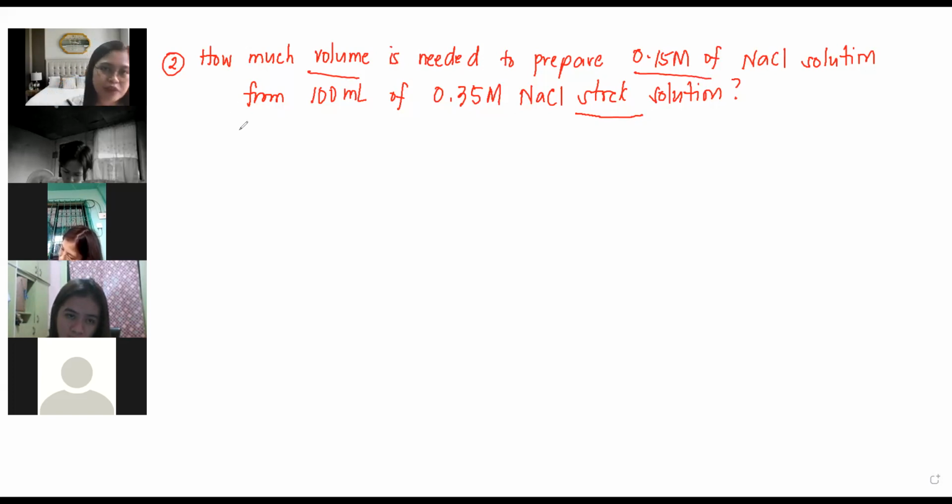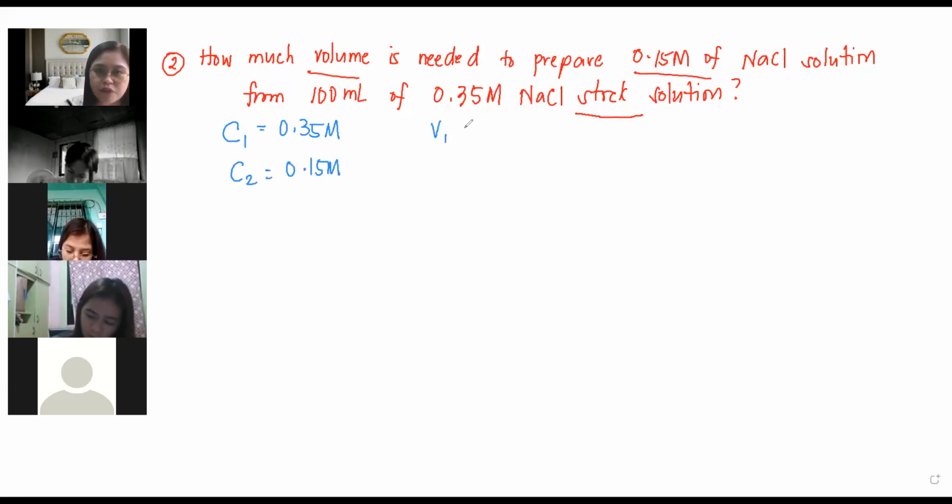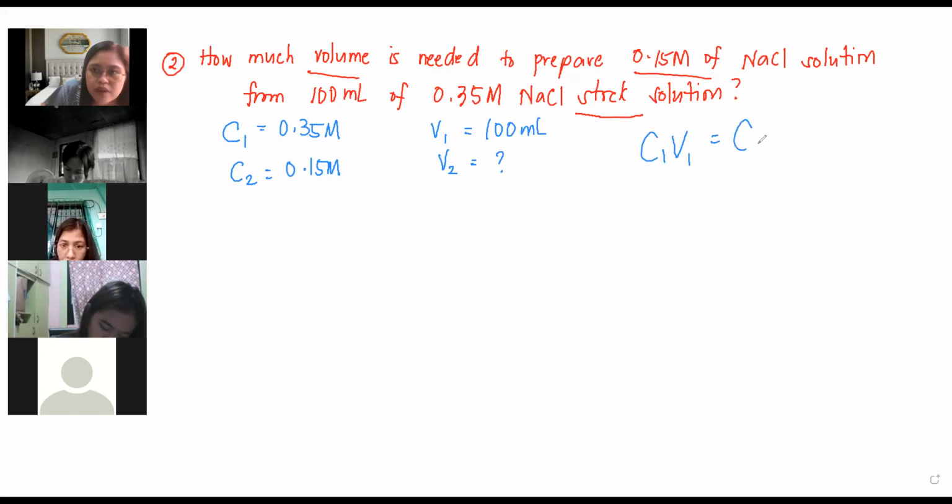So the same formula, but for the given, we have the C1 0.35 M, the C2 is 0.15 M, the volume number 1 is 100 ml, and the volume number 2 is unknown. So again, the same formula, C1V1 equals C2V2.